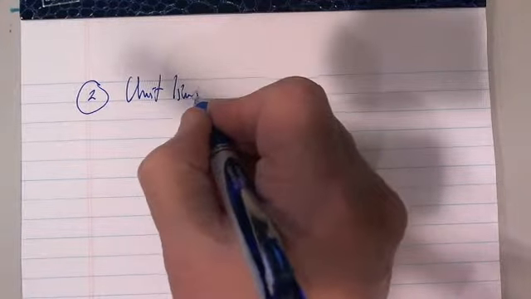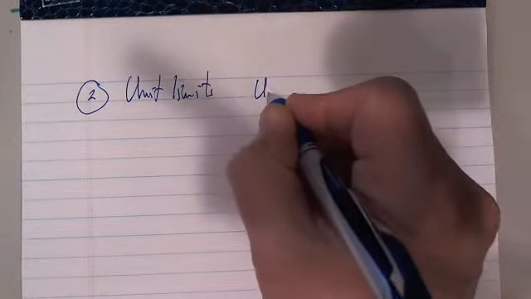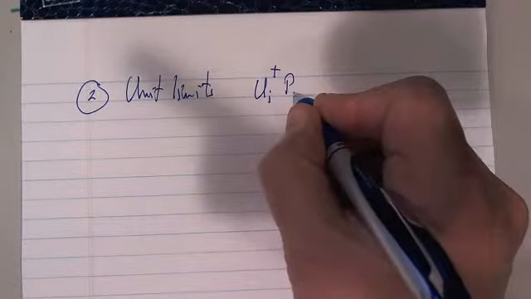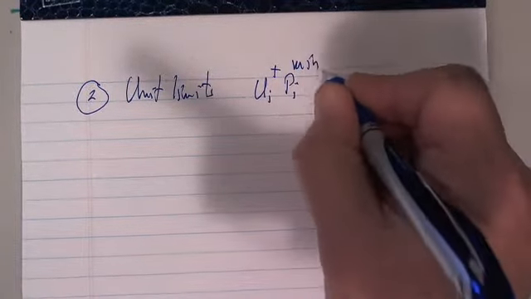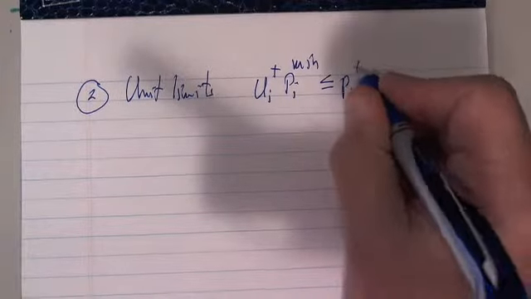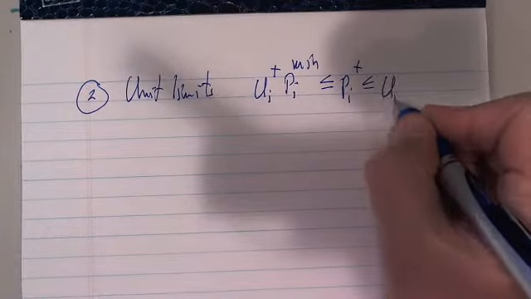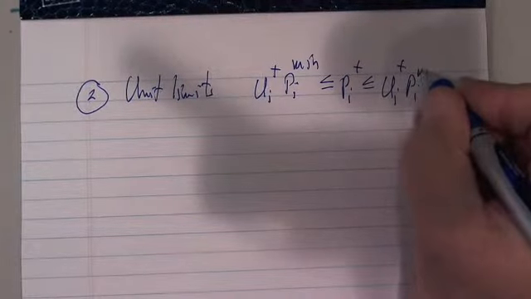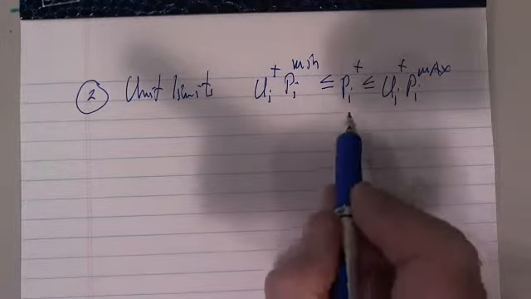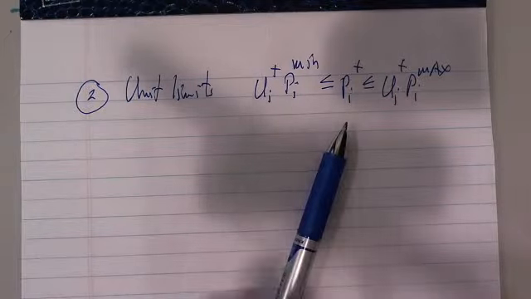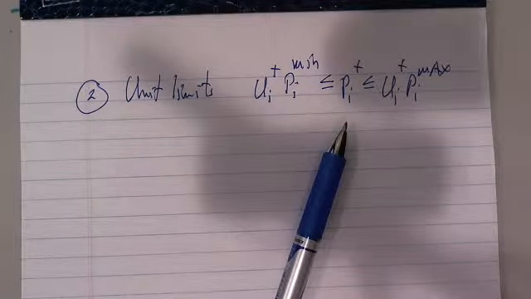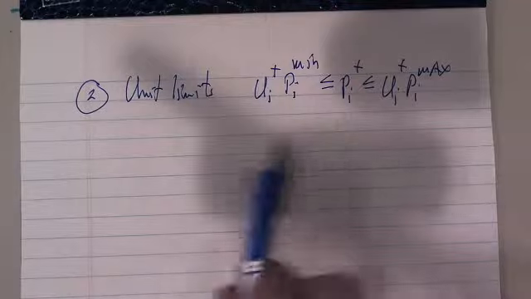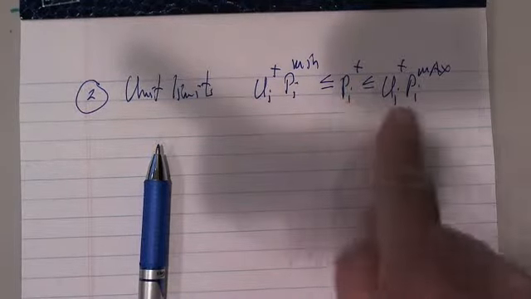Now I'm going to do constraint number 2, which are just unit limits, very simply: Ui of T Pi min is less than or equal to Pi of T is less than or equal to Ui of T Pi max. You don't need to multiply the middle part of the two-sided inequality by Ui, because these are the same variables.